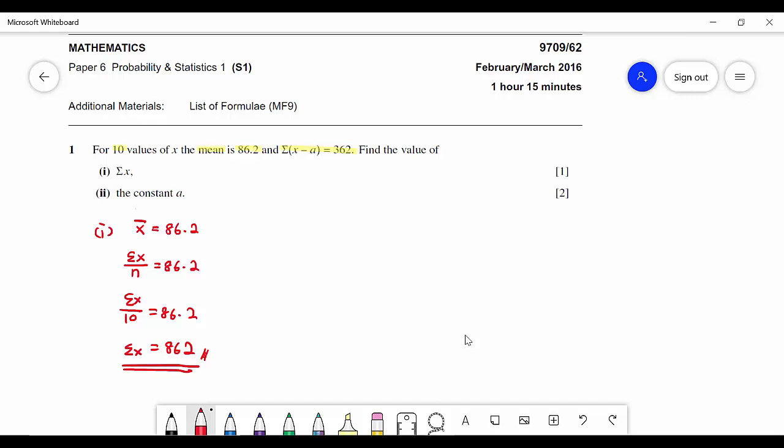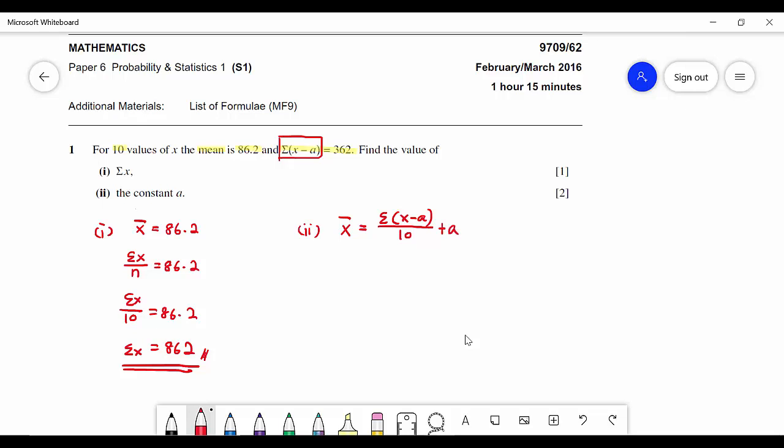Okay, so for the second part, they want you to get the constant a. First of all, you need to know the formula for the mean that links with this summation bracket x minus a. For your information, there's a formula which links to this one: summation of x minus a, divided by n, plus a.